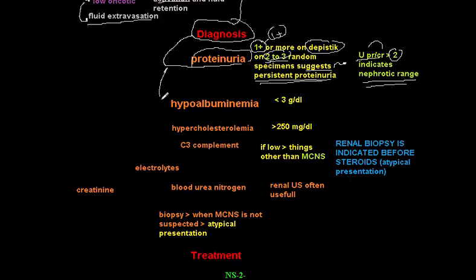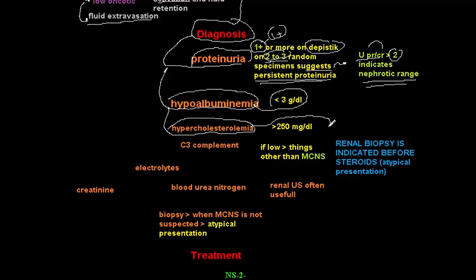I told you also we have hypoalbuminemia, with serum albumin below 3 gram per deciliter, okay. I told you also we have hypercholesterolemia, okay, above 250 milligram per deciliter.